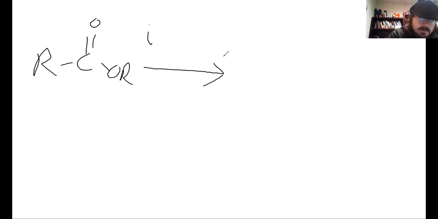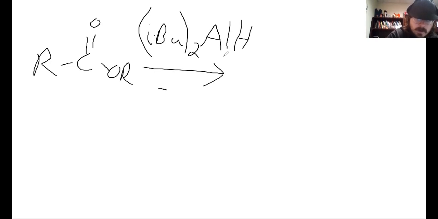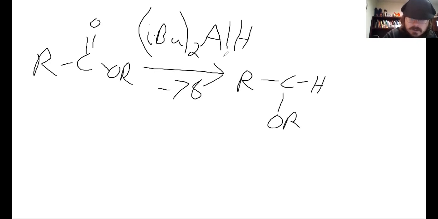So we use our diisobutyl aluminum hydride at -78, and you essentially form the RCHO, which is bound to the aluminum.